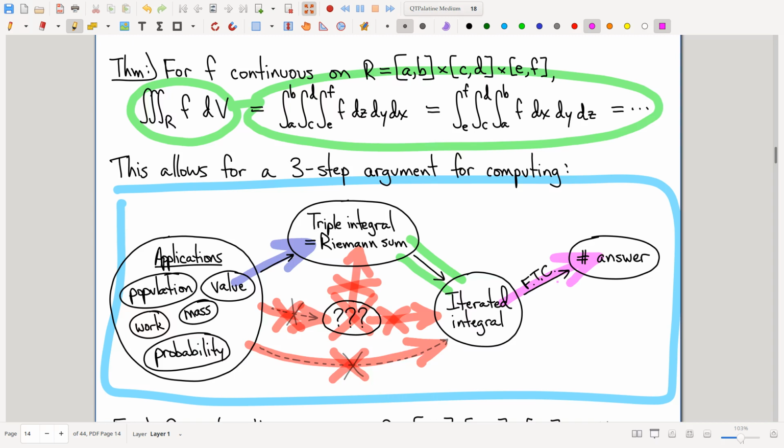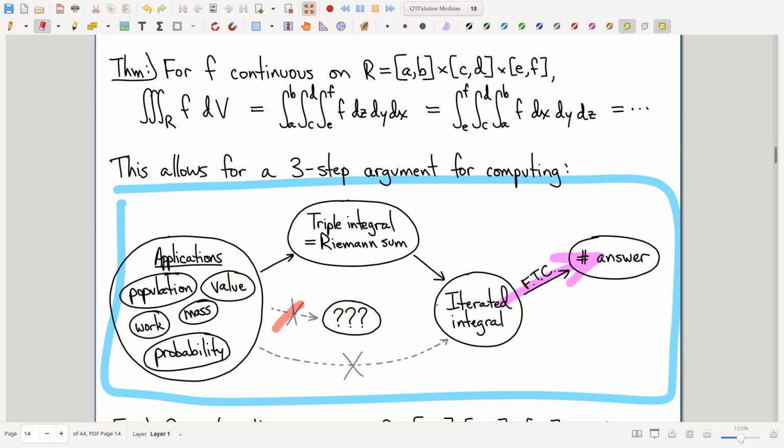Once you have iterated integrals, those are single variable integrals sort of nested inside of each other, so you can crank them out, starting from the inside, moving to the outside. So we have a strategy. We have a path to victory here, right? That's how we're going to do all these triple integral problems we're about to see. I just can't make some of these arguments. Everybody okay with that? Everybody happy? Okay. All right.